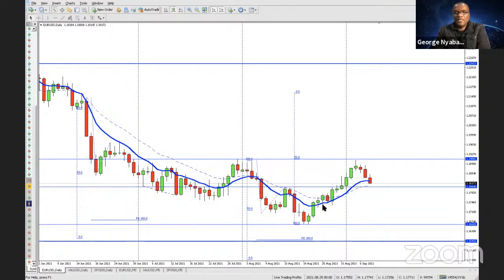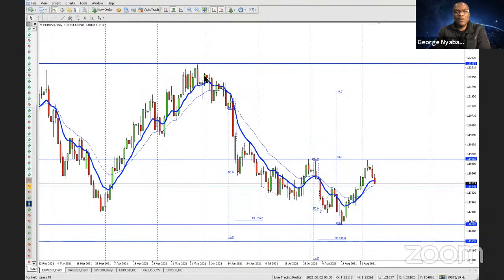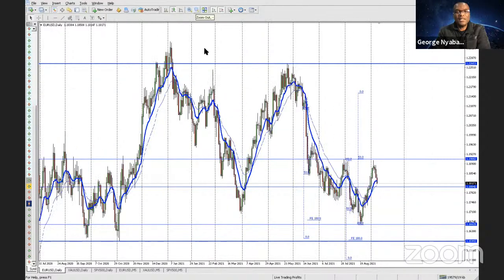I didn't get any clear setup here to jump in. So assuming you've jumped in, you have to decide what to do. But if you're not in and your mindset is bullish, it's clearly evident that if the bulls break above here, they want to get to a measured move. Then they're going to be trying to get to these highs here, what we had in 2021, and that was December 2020.